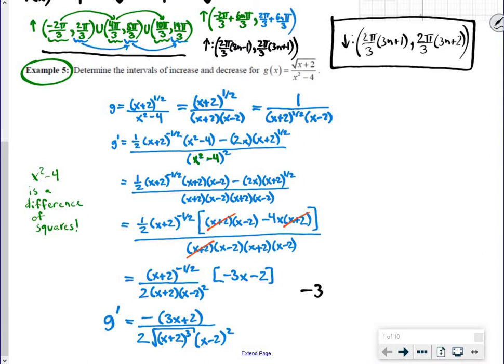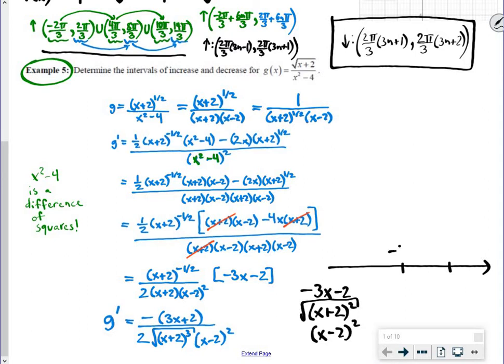Maybe set up your two terms. You can do all your terms: x plus 2 squared rooted, and x minus 2 squared. Identify important boundaries.